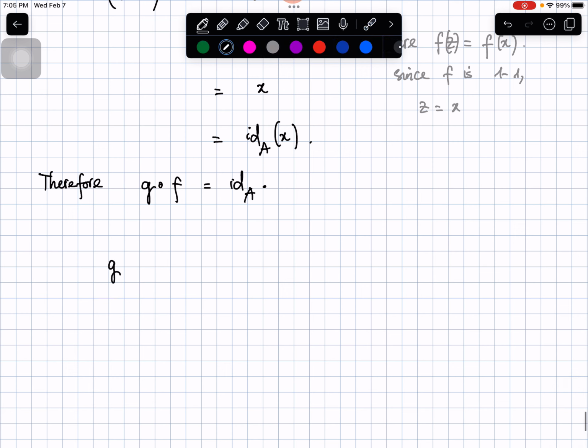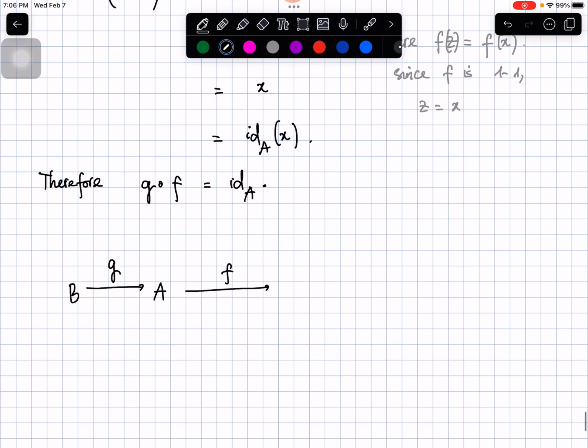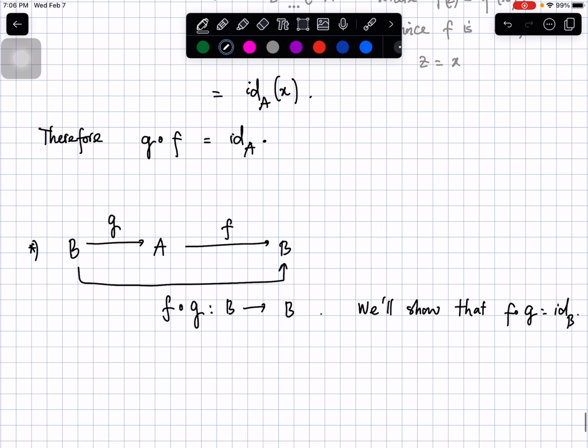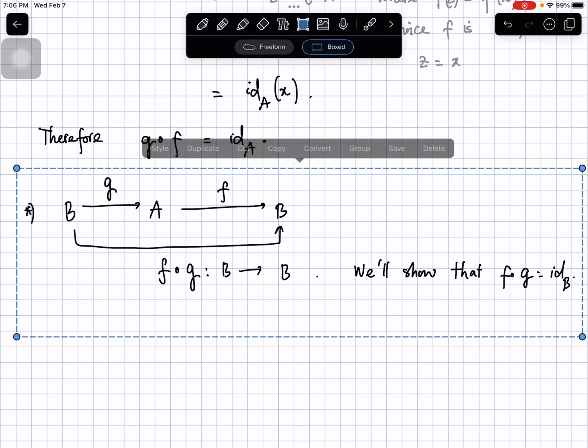So g is a function we constructed from B to A, and A maps via f into B. So this is f dot g from B to B, and we can show that f dot g is the identity on B. That's our second part, to verify the condition.